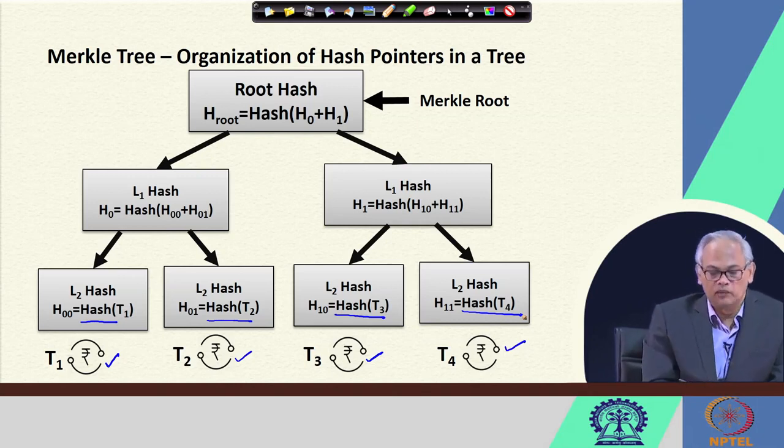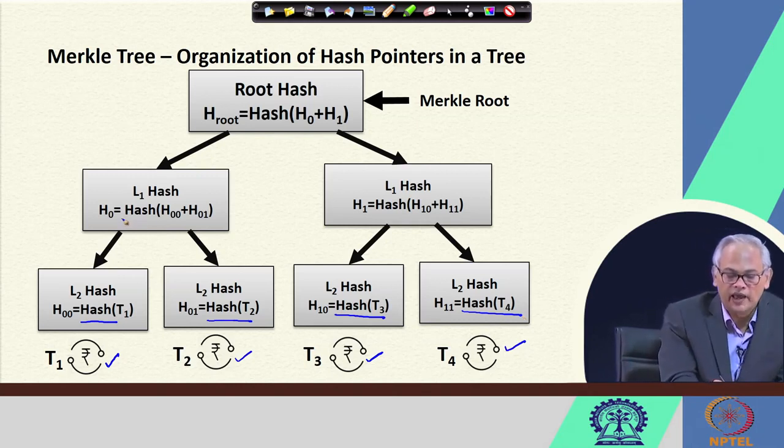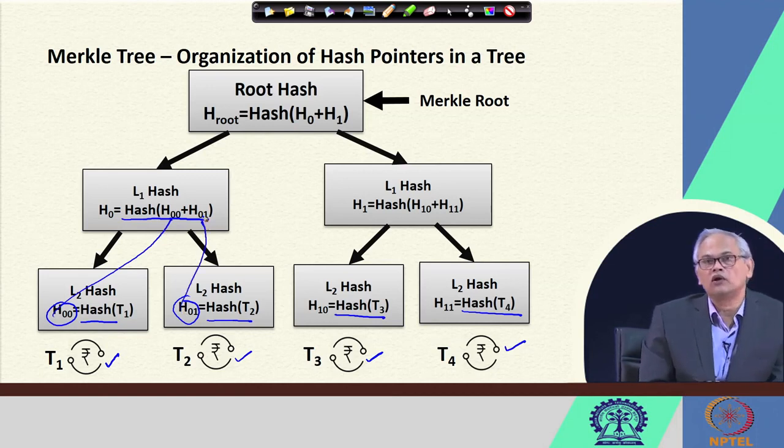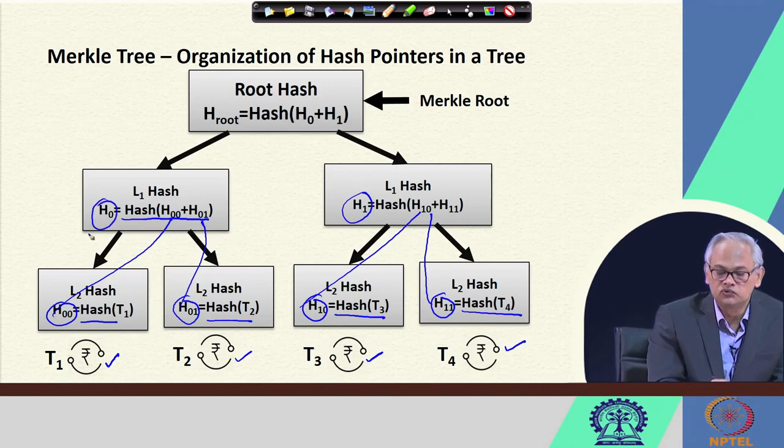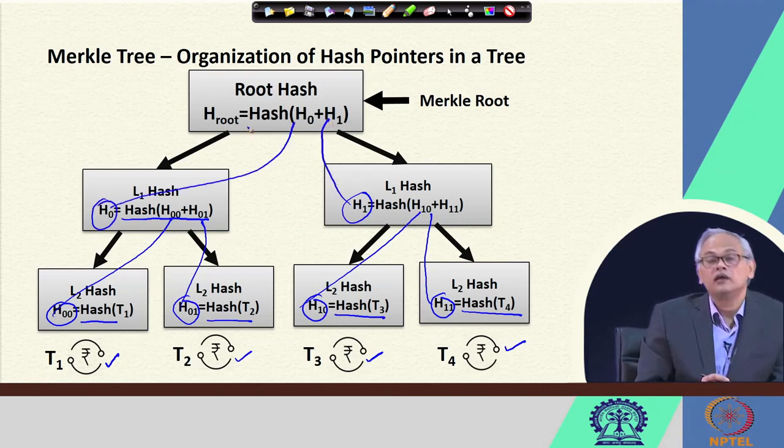And then one level above, we have the hash of these two, H00 and H01. So, in the next level we have the hash of H00 and H01 concatenated together, and likewise for the hash of H10 and H11. We calculate H0 and H1, which in turn will go up, and then we calculate the hash of that in the root.